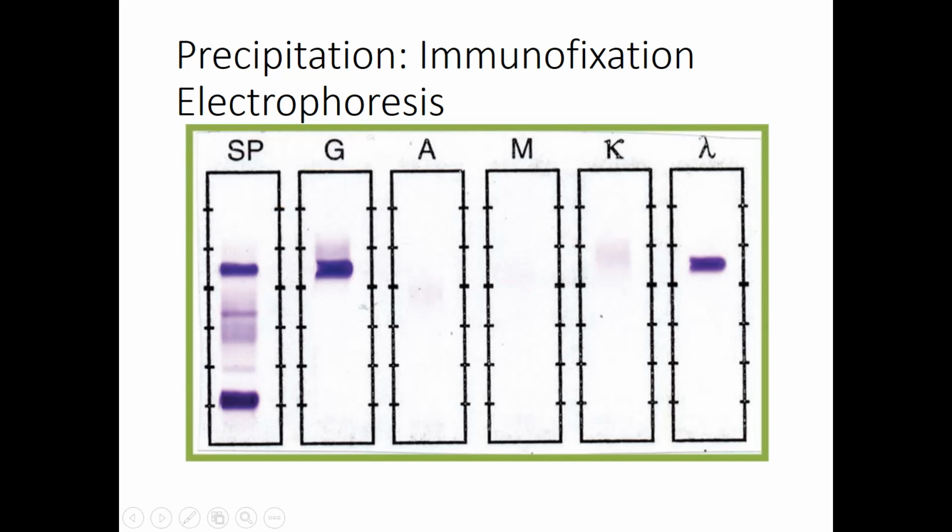And when we see precipitation form, and we actually add a dye to it, we know that the patient has that within their serum. So in this case, we were looking for gamma chains, and so we do an anti-gamma or an anti-IgG, and where we found it, we did see it.